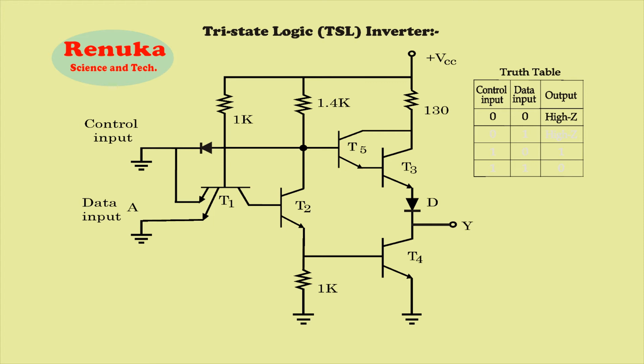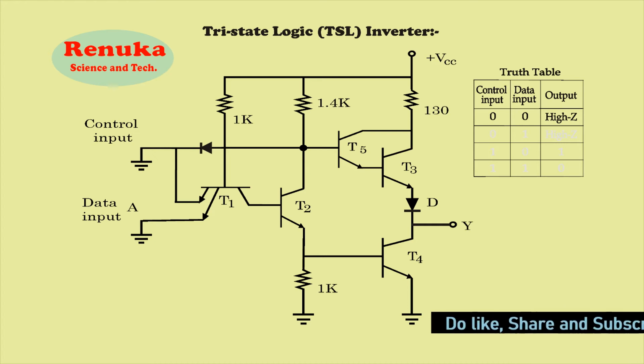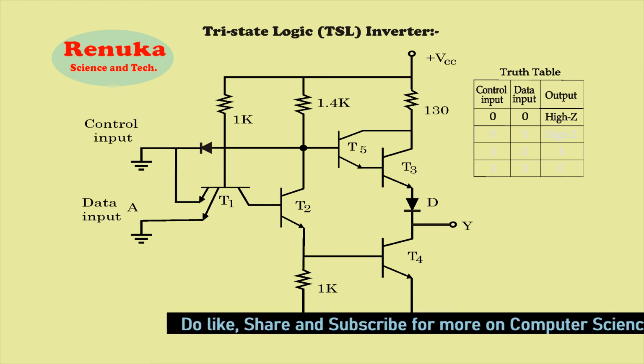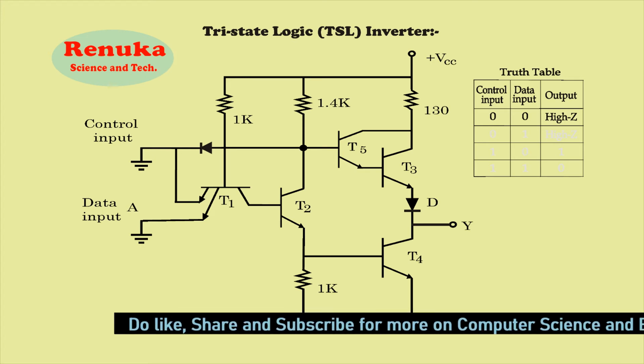If the control input is 0, then what is happening actually? If the control input is 0, it is connected to ground, so the cathode of the diode is connected to ground, while the anode of the diode is connected to the collector of T2, and T2 is connected to the power supply. So you can see the current from the 1.4 kilo ohm resistor will enter the collector, and from the collector it will not flow to transistor T2, but will flow directly towards the ground through diode D. Why?